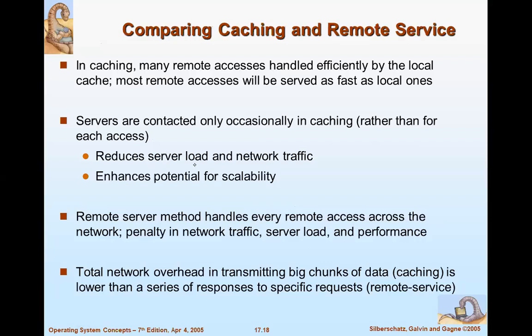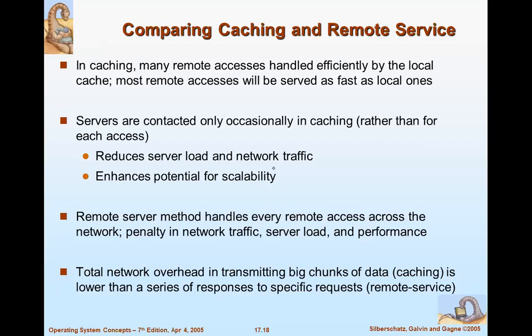Like if a server can handle 500 users at the same time, and you reduce this burden from the server, the server can handle 1000 or 2000 users at the same time if everything is stored locally in their caches. Because in that case, the server has to respond only at specific times to those clients who have any issue.